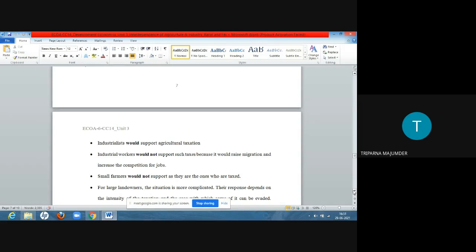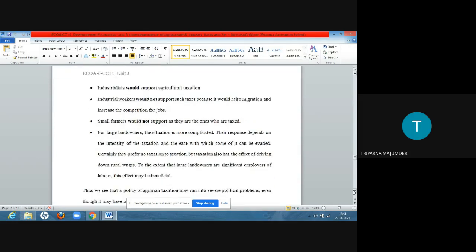Small farmers would never support this as they are the ones who are taxed. Now, coming to large landowners, the situation is a bit complicated. Their response depends on the intensity of taxation and the ease with which some of it can be evaded.